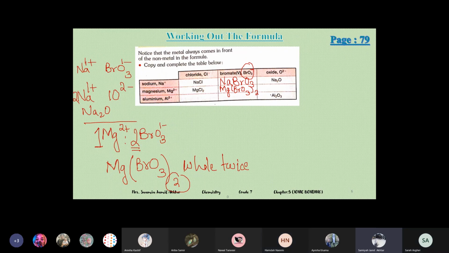Now magnesium oxide. We know magnesium is 2 plus and oxygen is 2 minus. It will be MgO. Next, Al and Cl.